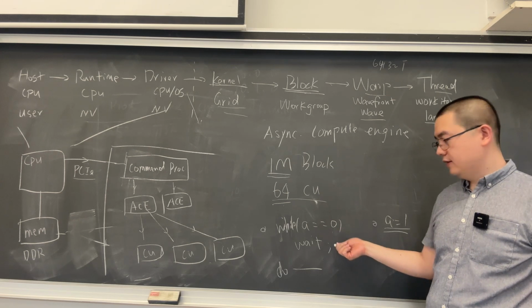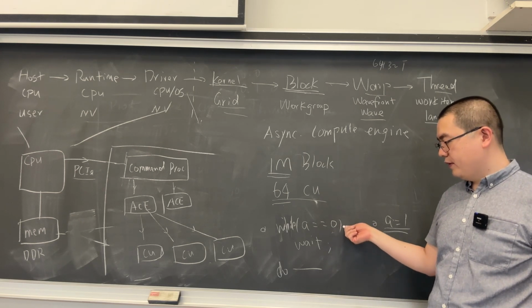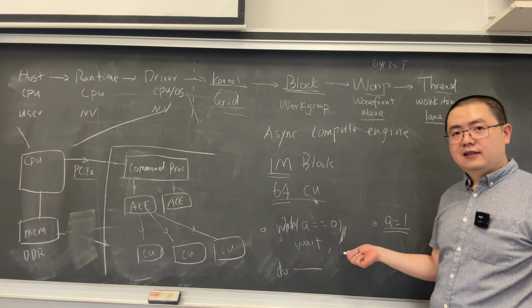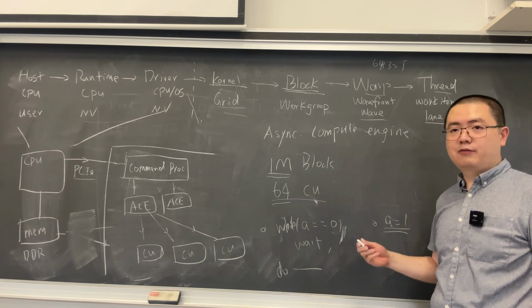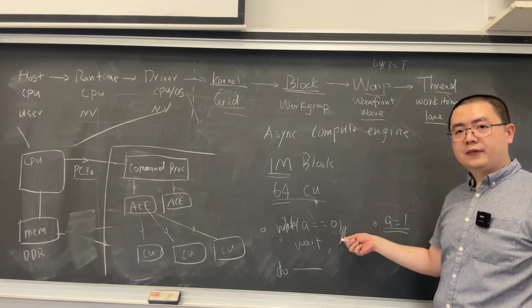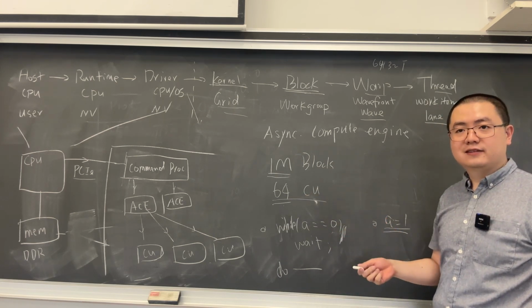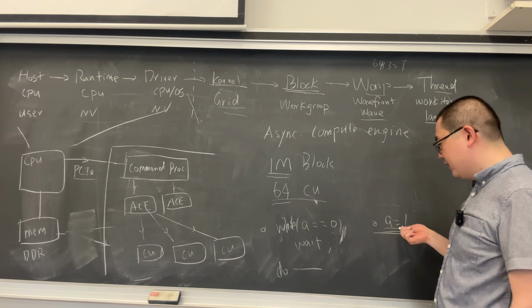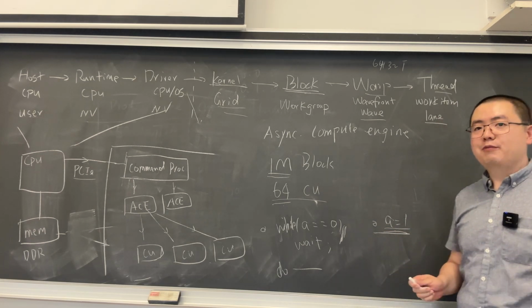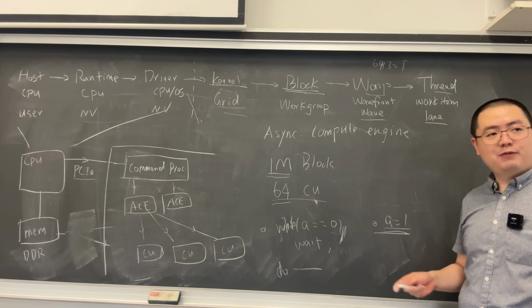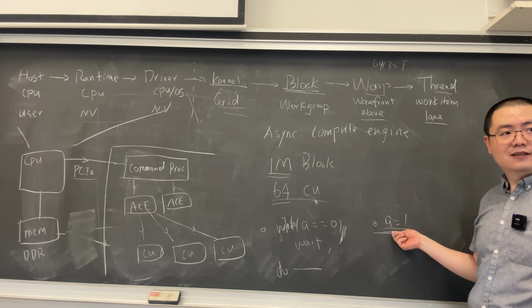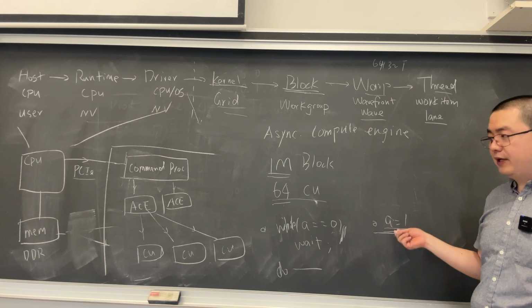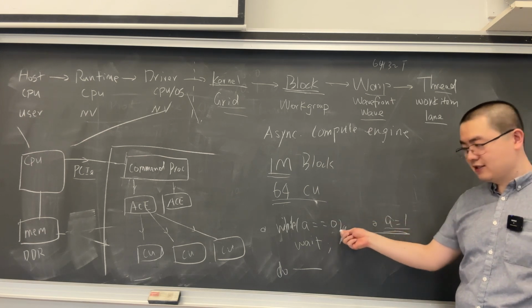Why is it? Because in one block, you may be executing this one, and then there are 63 other compute units executing something that is probably also waiting. So the block that is supposed to set a equal to 1 may not even be dispatched.